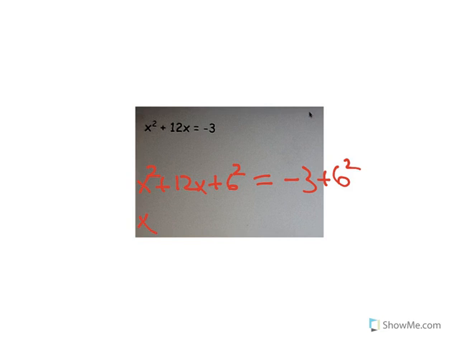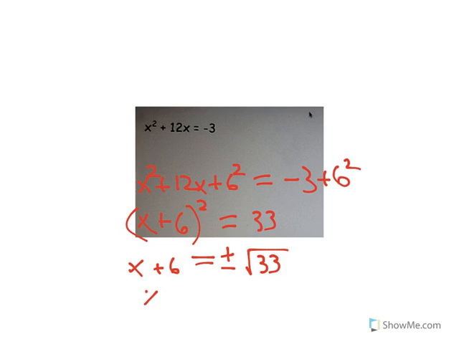So this is going to be x plus 6, make sure it's that plus or minus, it's plus in this case, is equal to negative 3 plus 36, so that's going to be 33. Take the square root of both sides, plus or minus the square root of 33. Then x is equal to negative 6 plus or minus the square root of 33. So we figure out the square root of 33 and we add it to negative 6, and then we subtract it from negative 6.